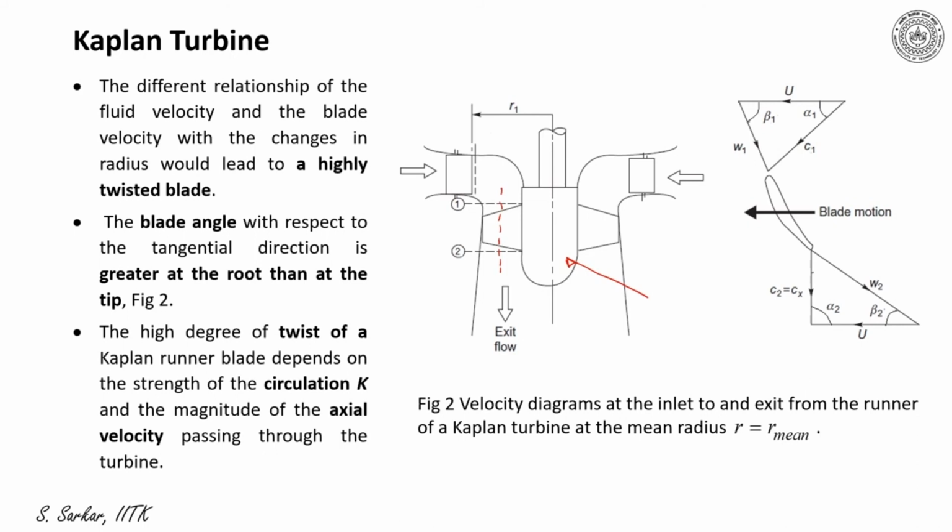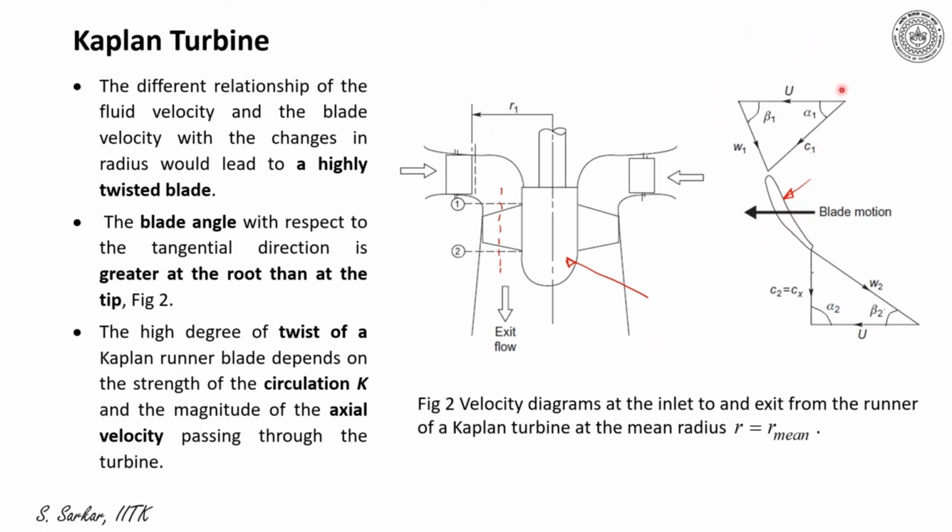Now, the circumferential section, if I cut and stitch on a plane of paper, I'll get the blade profile, which is an aerofoil section. This is the blade profile. And the velocity diagram has also been illustrated here. So U is the blade speed.